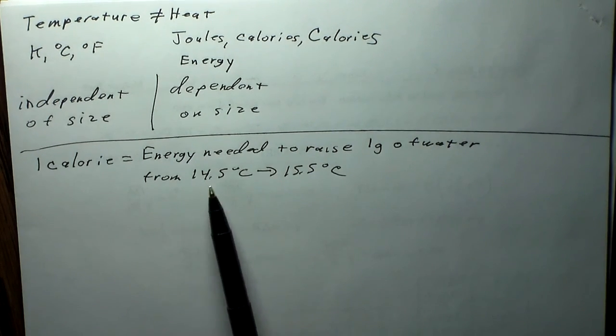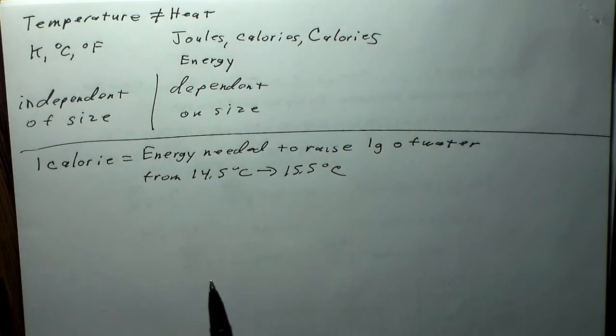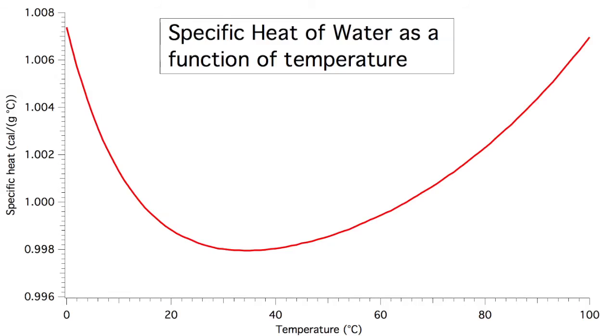And the reason that it's between 14.5 and 15.5 is, as we're going to be seeing later on, the specific heat of water does actually change a little bit with the temperature of the water, and it's just between these two temperatures here that you actually get what this amount actually is.